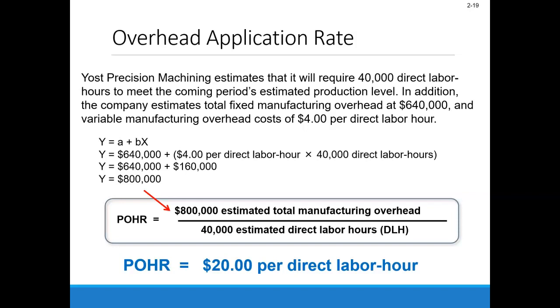So you see how we come up with the estimated fixed plus the estimated direct labor hours times the variable manufacturing overhead cost of $4 gives us our $800,000 total manufacturing overhead. You divide that by the cost driver, in this case the 40,000 labor hours, to give you $20 per labor hour. Okay?